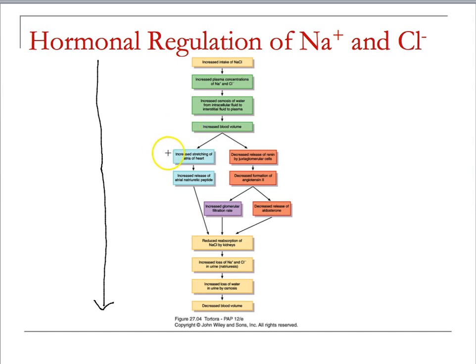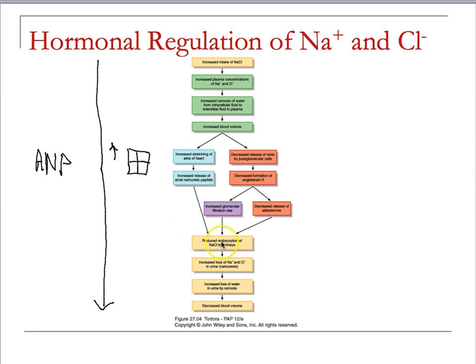What are you going to do? Well, because that blood volume has stretched the atria of the heart, we're going to increase the amount of atrial natriuretic peptide inside the plasma of the blood, and it's going to go target the kidneys. So you can allow for the removal of sodium and chloride.